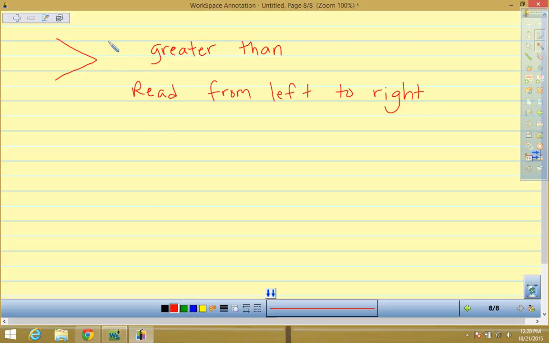And I can remember, and I'm sure that somewhere in your mathematical life, someone has done this for you. What is that? It's an alligator mouth, okay? The alligator mouth always wants to eat the higher number. Yeah, draw the teeth. It's always hungry and wants to eat the higher number.